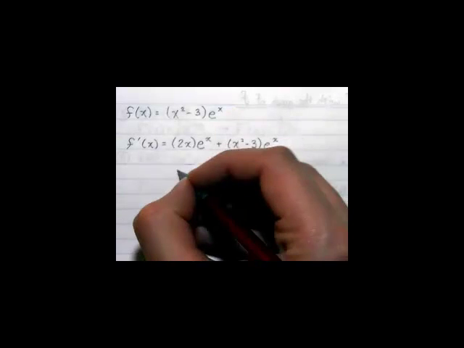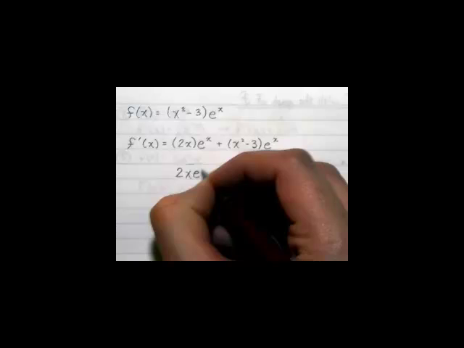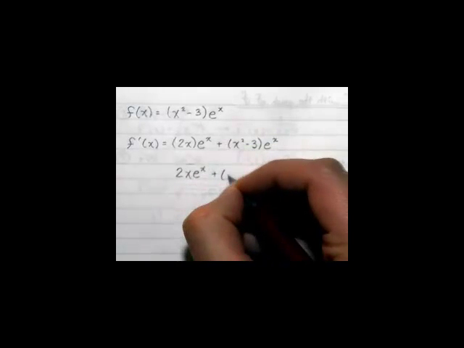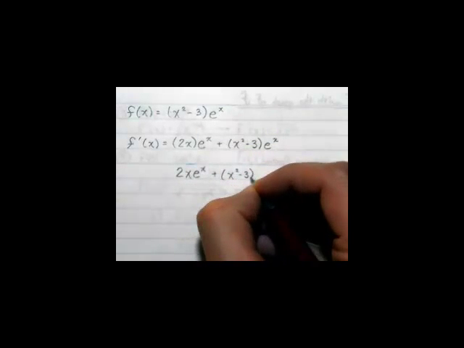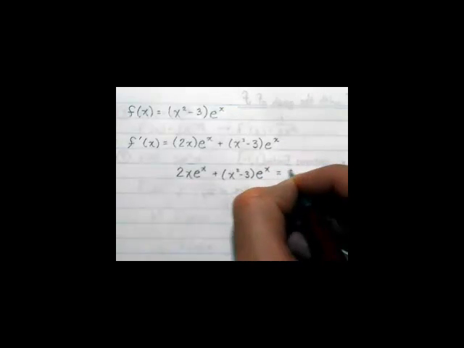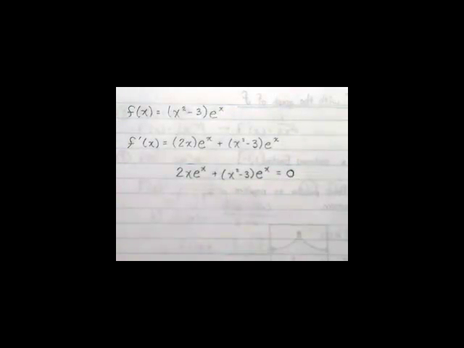Okay? So 2x e to the x plus x squared minus 3 e to the x equals 0. So any ideas what I could do there to start solving that thing? I think you were right, yeah, you're going to factor out the e to the x.